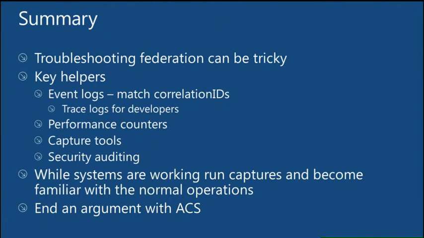Lots of decode capability. The other thing is ending an argument with ACS. ACS is the Azure Access Control Service. If you're working with a third party, and the third party is saying, no, it's your fault, and you're saying, there's nothing wrong with our end, I've done this so many times now.